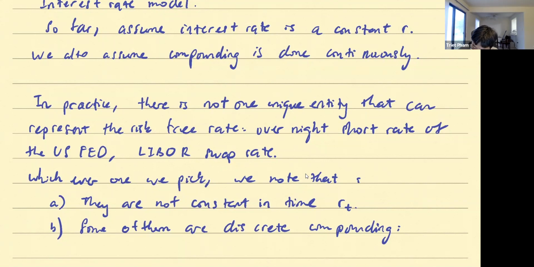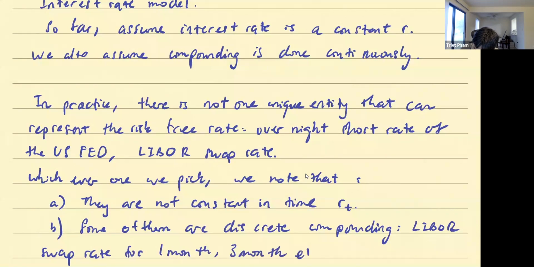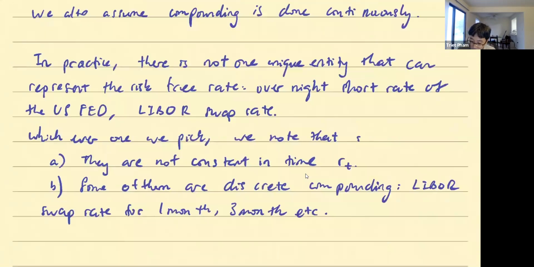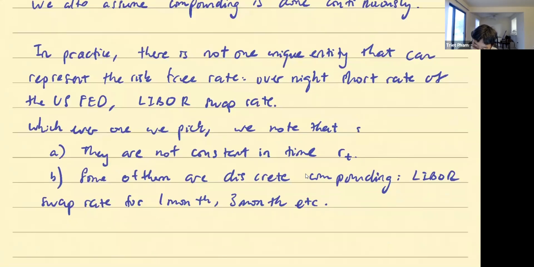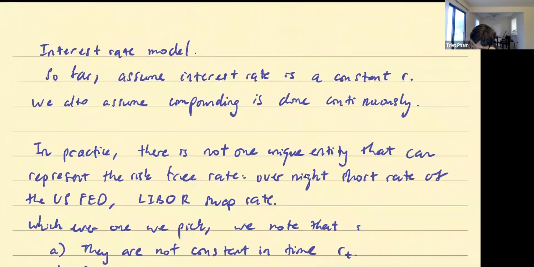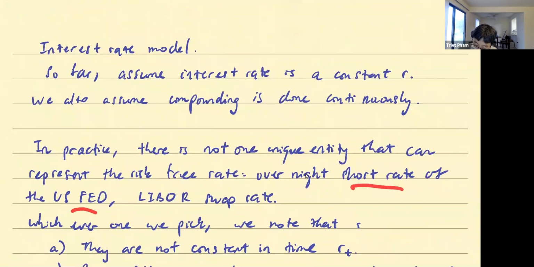So, say, the LIBOR swap rate for 1 month, 3 month, etc. And some of them are continuous compounding, for example, the overnight short rate of the Fed.